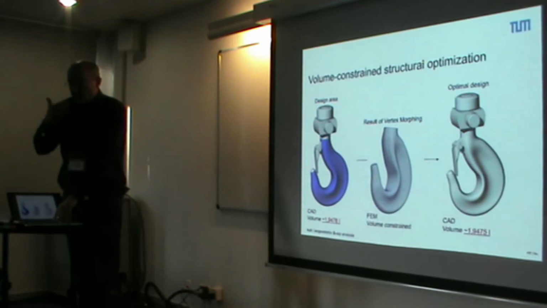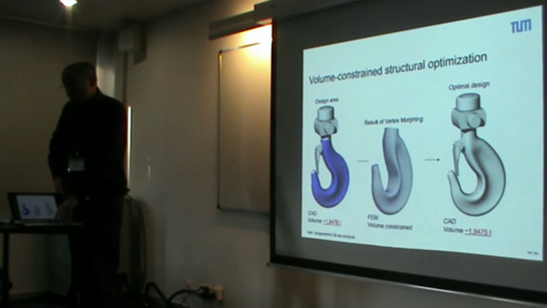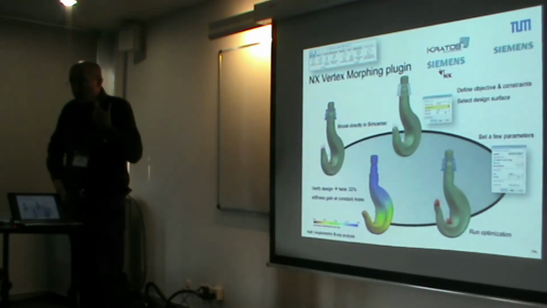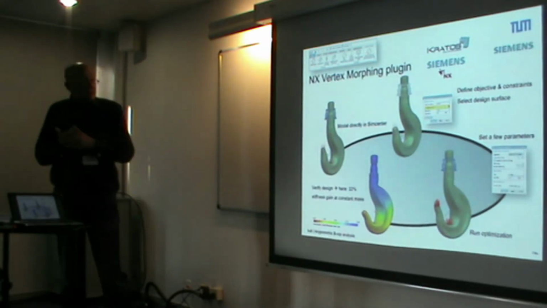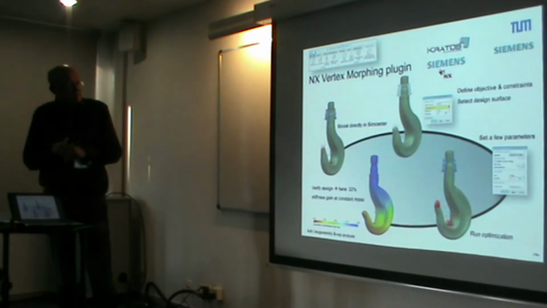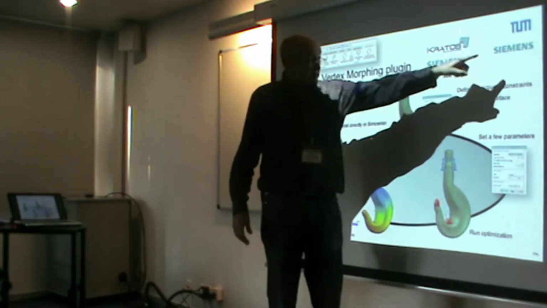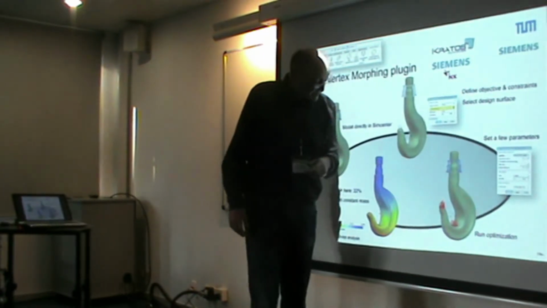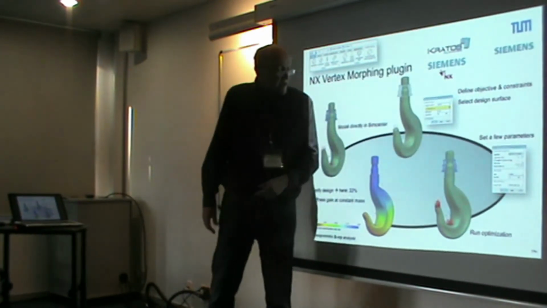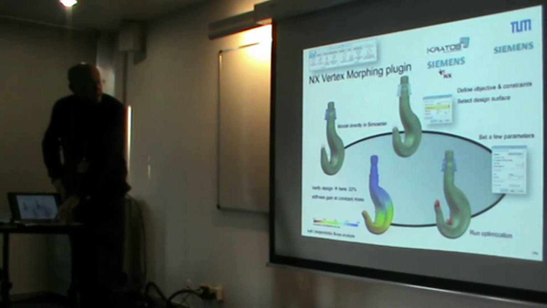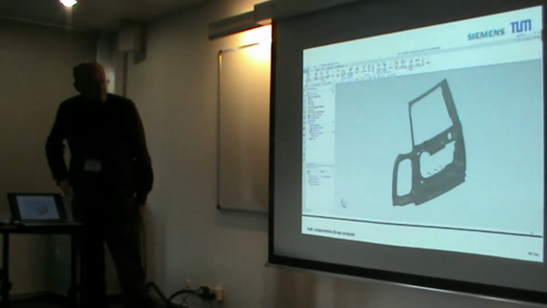That also works for solid models, not only for surfaces, which also says that we have nothing to fear regarding this, at least for the surfaces in 3D. That's a collaboration with Siemens. We use Siemens NX, of course, as CAD environment, and Kratos as the solver for the industrial approach to shape optimization.